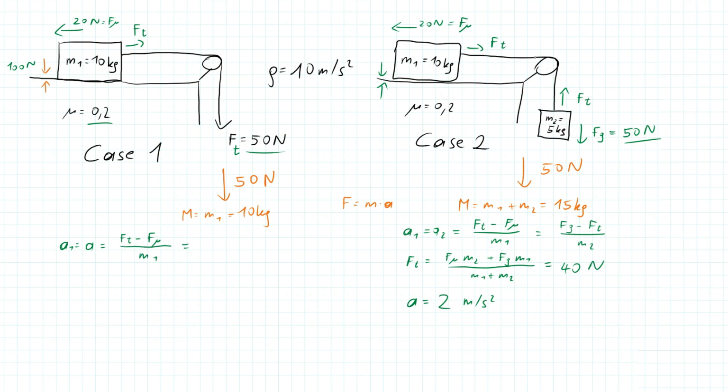That's a very simple calculation. That's just 50 minus 20 equals 30 over 10, so that's just 3 meters per second squared. And that's actually a big difference. So these systems do not behave the same as each other.